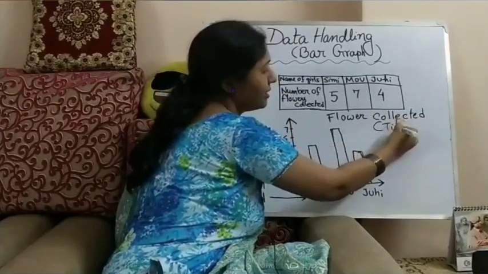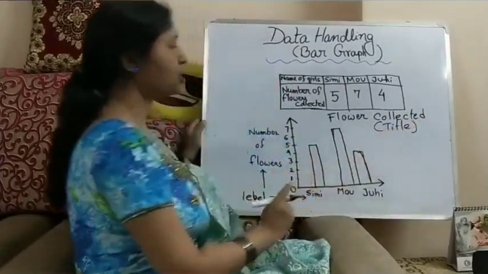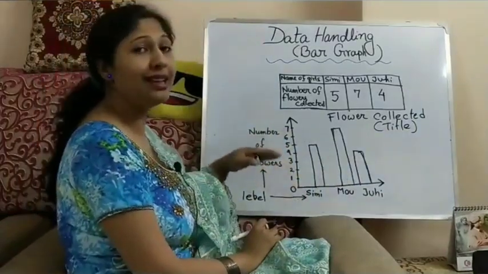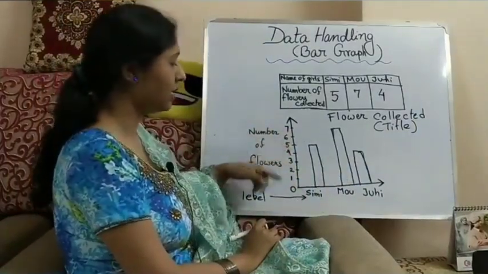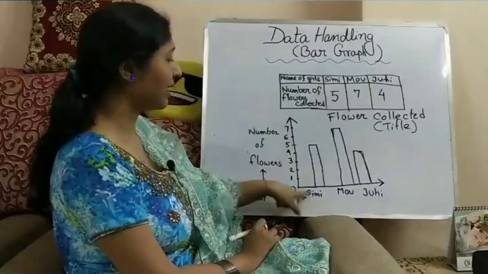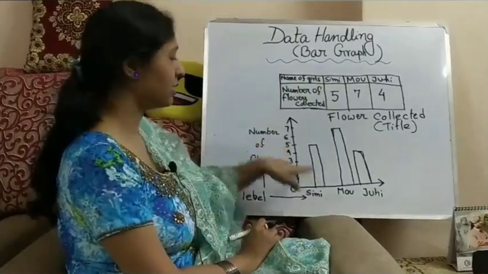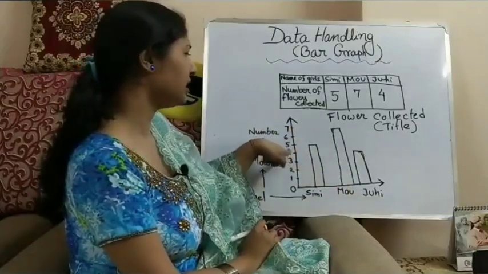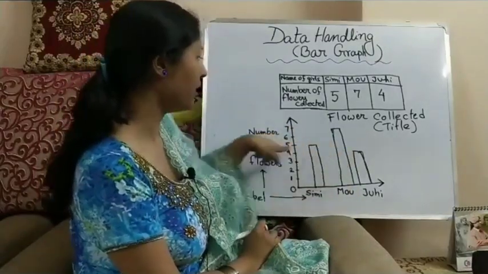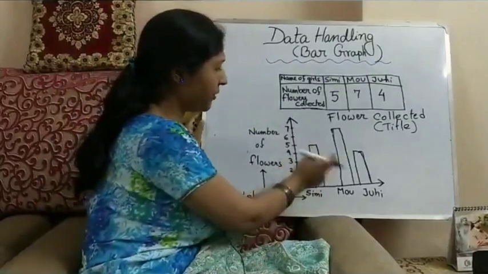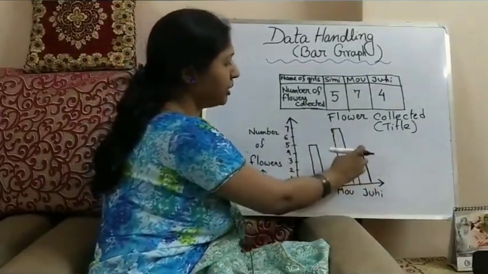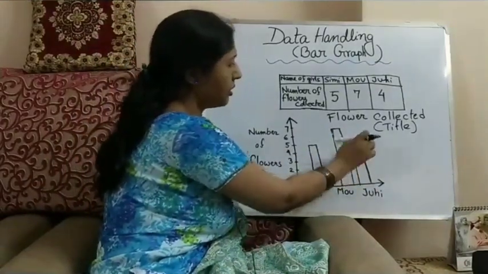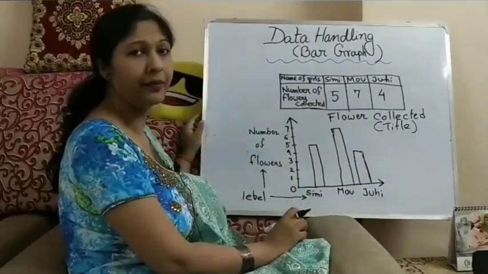This is our title. So at a glance you can easily tell that Simi collected 5 flowers, Mau 7 flowers, and Juhi, that is 4 flowers. Simi 5, Mau 7 and Juhi 4. Okay.